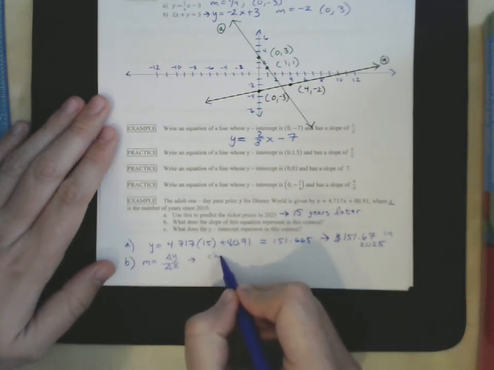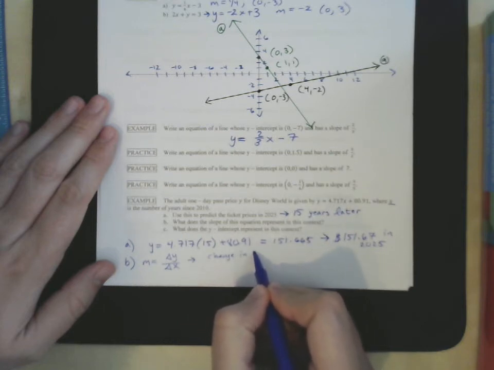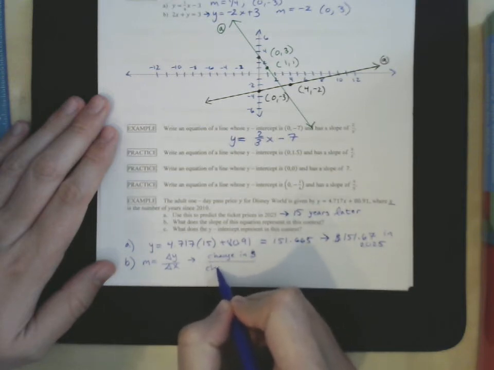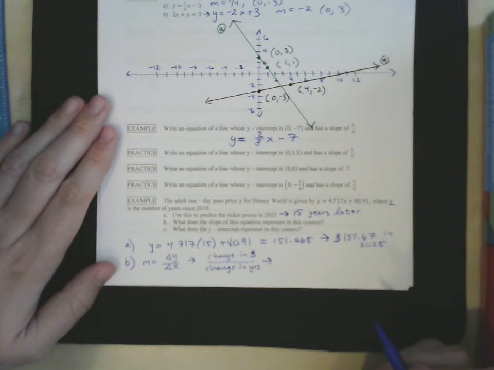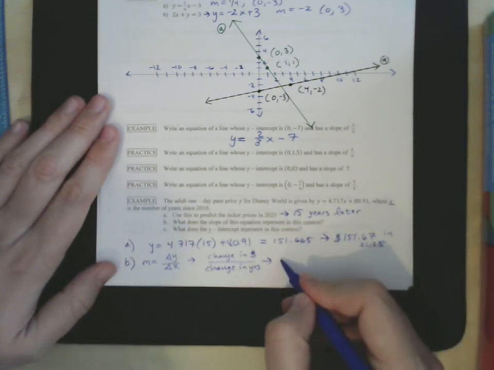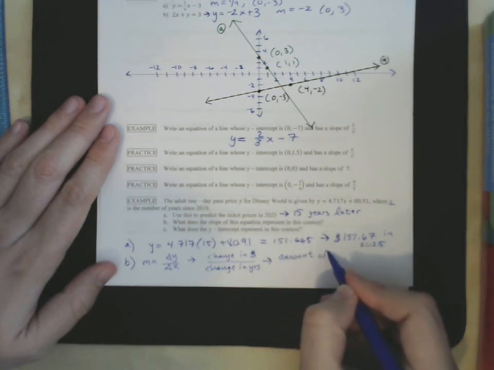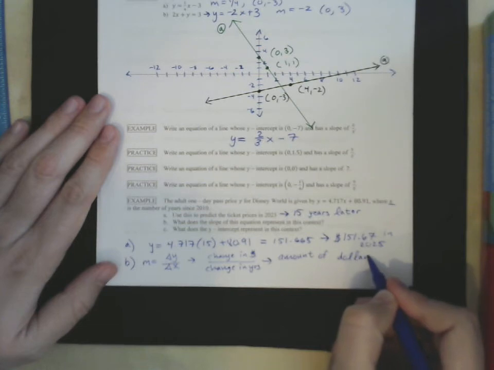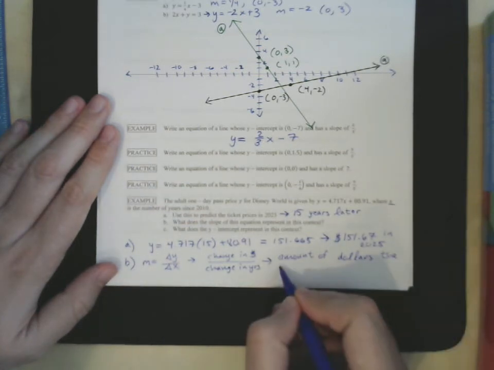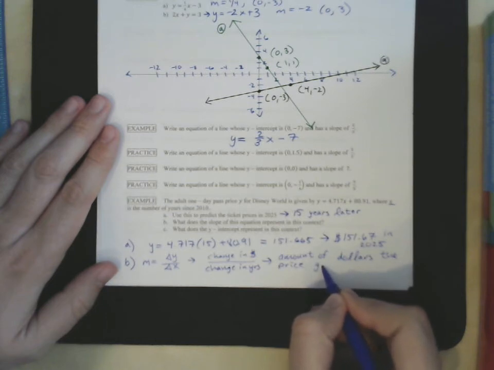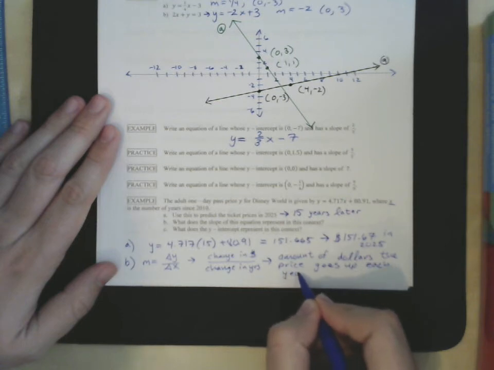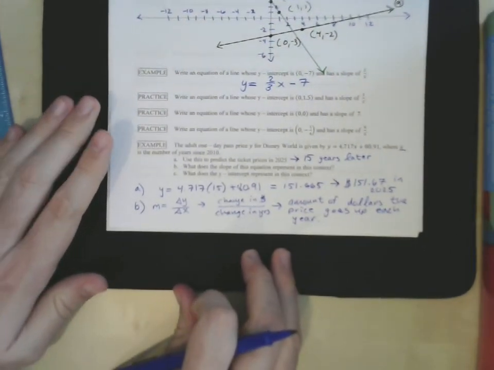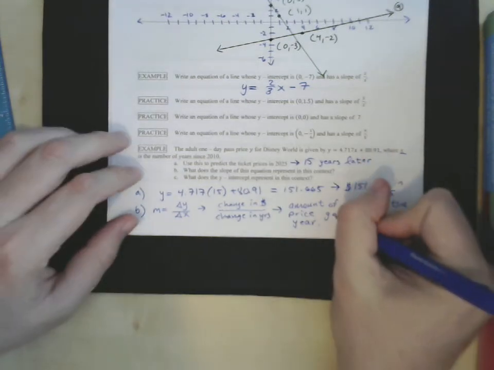Delta y is change in dollars over change in years. So that means that our slope is the amount of dollars the price goes up each year. That's the full context. Dollars, the price goes up each year.